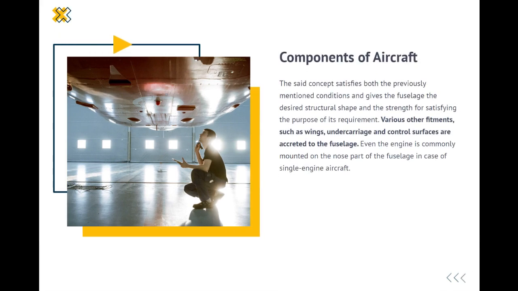The said concept satisfies both the previously mentioned conditions and gives the fuselage the desired structural shape and the strength for satisfying the purpose of its requirement. Various other fitments, such as wings, undercarriage and control surfaces are accreted to the fuselage. Even the engine is commonly mounted on the nose part of the fuselage in case of single-engine aircraft.